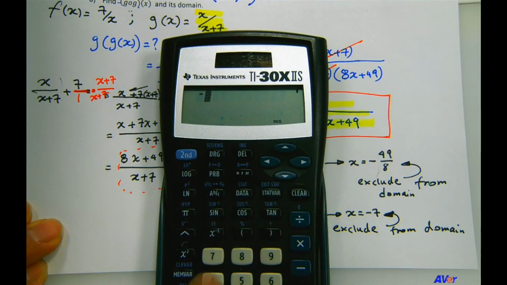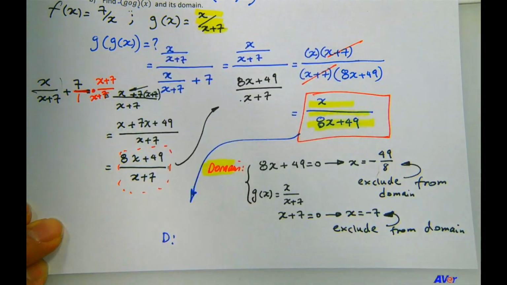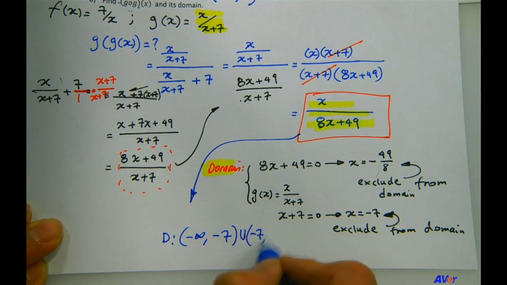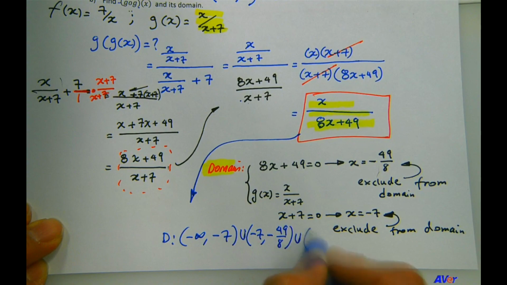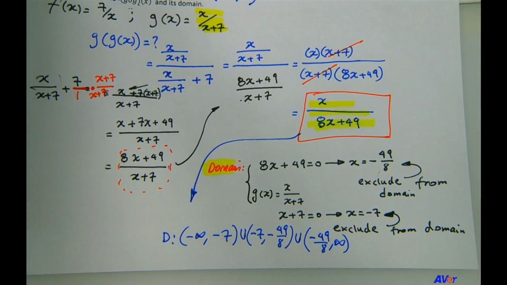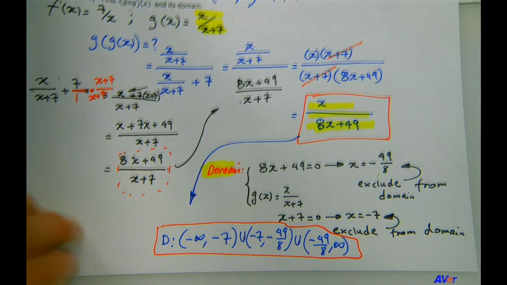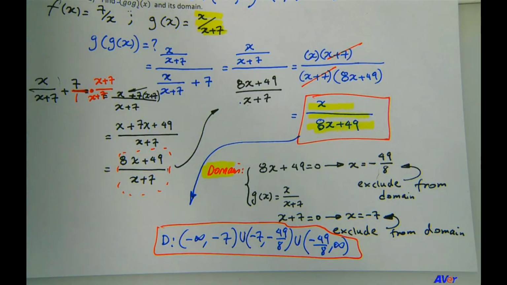So negative 49 divided by 8, see, negative 6.125. So this number is a little bit larger than negative 7. So this would be negative infinity to negative 7, union negative 7 to negative 49 over 8, union negative 49 over 8 to positive infinity. That's the domain of that composite function.